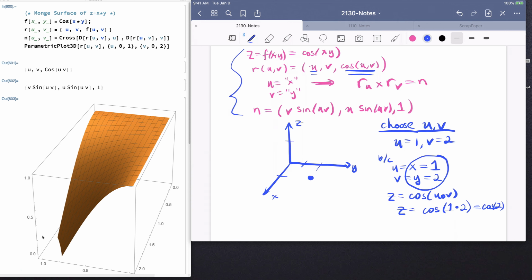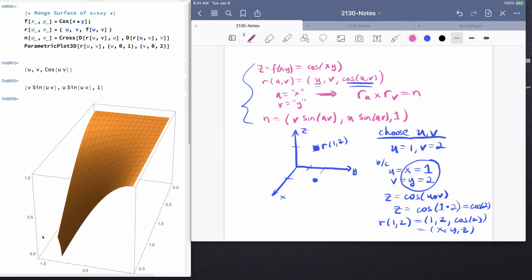So we know that we are at a location, right? If you find r of 1 comma 2, you get the point 1 comma 2 cosine of 2. And this is a point in the x, y, z space. So here we are at this point, r of 1 comma 2 in x, y, z space. Okay.